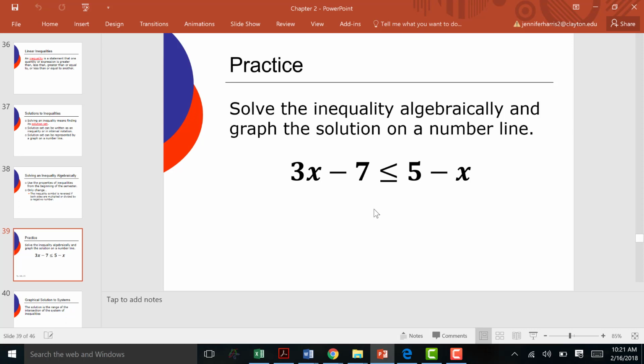Can't use a bracket because the bracket stops on one particular number. Parentheses does not stop on that number. Does not include that number. It just says it goes on. In this case, infinity will always have a parentheses to close it off. Doesn't stop it. It's just what we have to do to write it in interval notation.